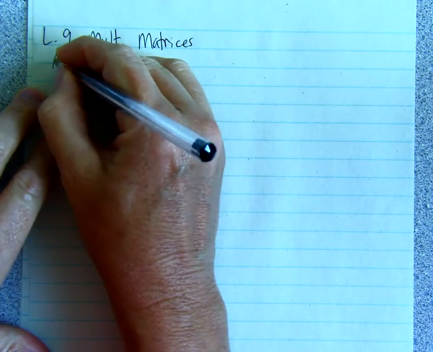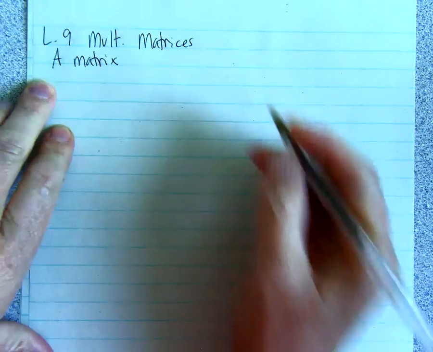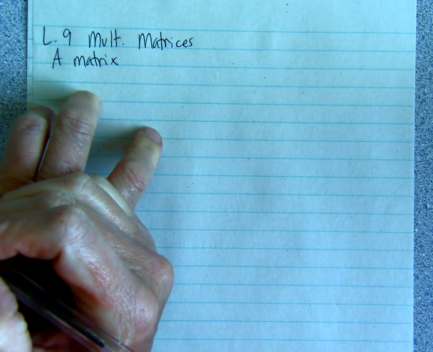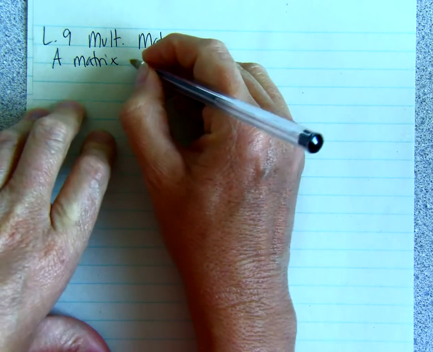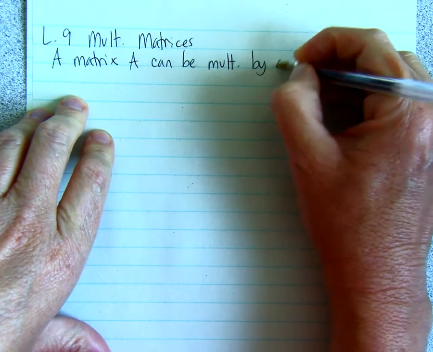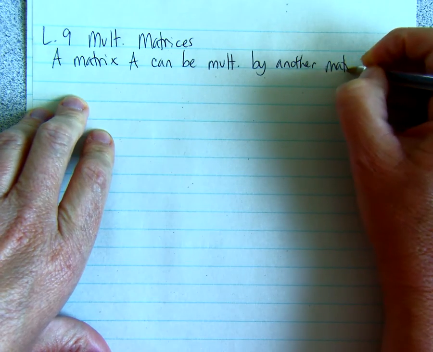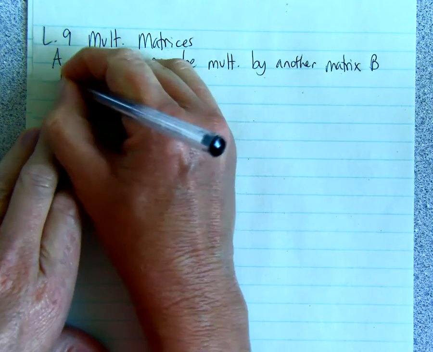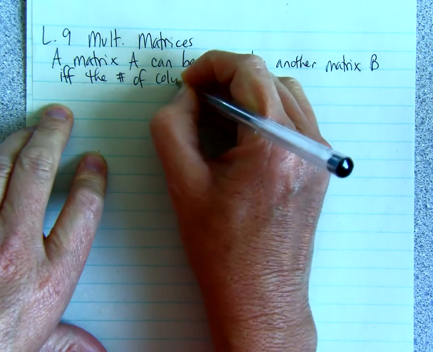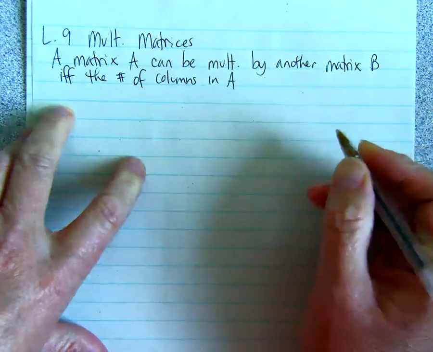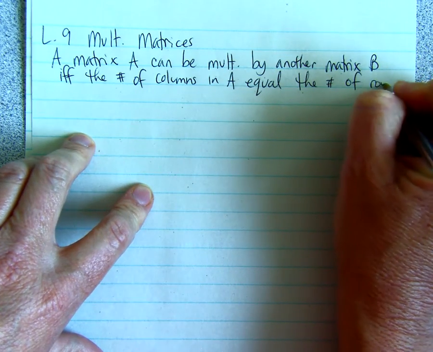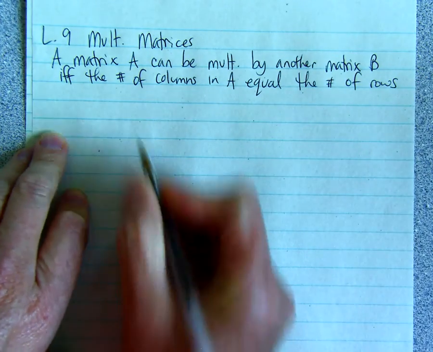Matrix A can be multiplied by a matrix B if and only if the number of columns in matrix A matches the number of rows in matrix B. So a matrix A can be multiplied by another matrix, we'll call it B, if and only if the number of columns in A matches or equals the number of rows in matrix B.